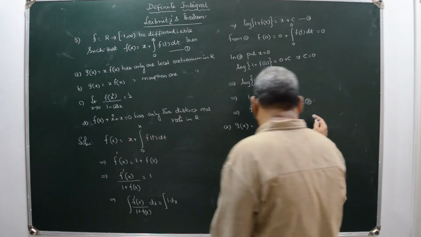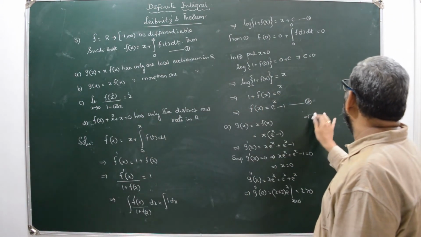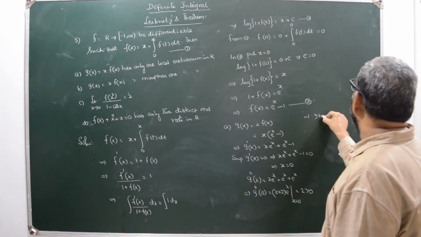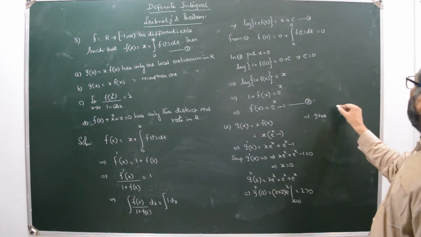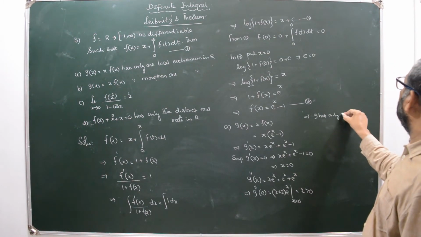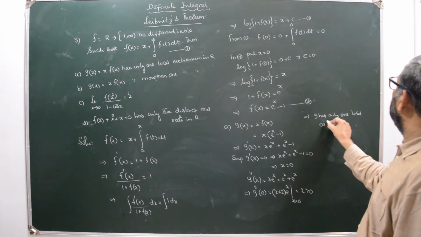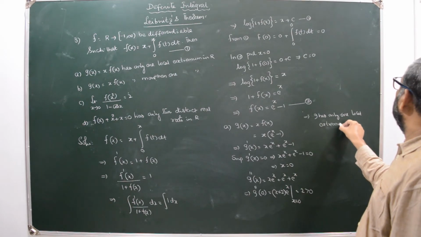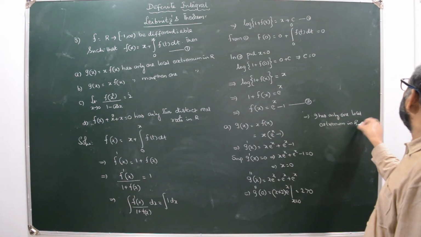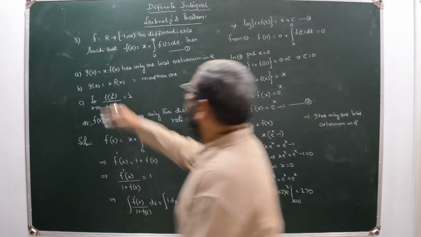This implies g has only one local extremum in R. The first option is correct.